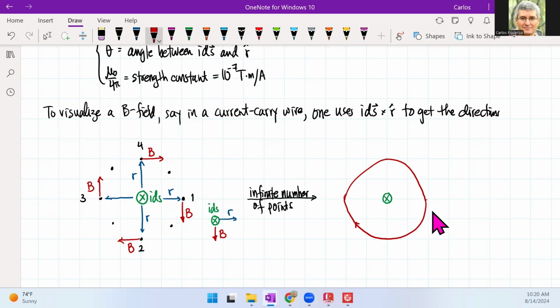And you're seeing here that the field is rotating around it. In other words, when I look at the magnetic field, I'm seeing the magnetic field being tangent around the circle that I've just drawn like that. It's not exactly tangent, it's just that at that point we're looking at that.